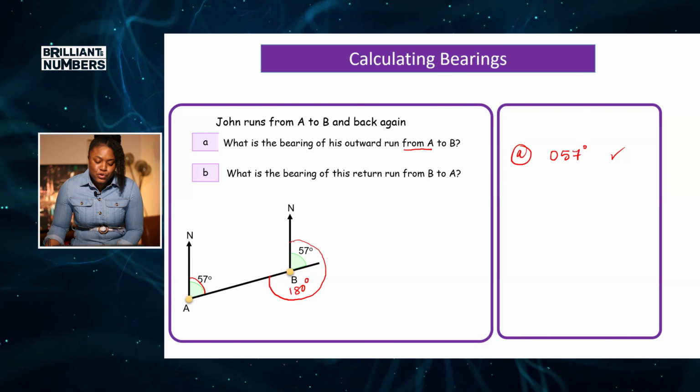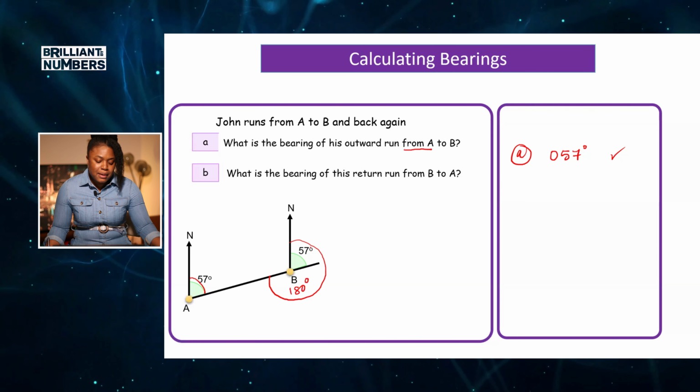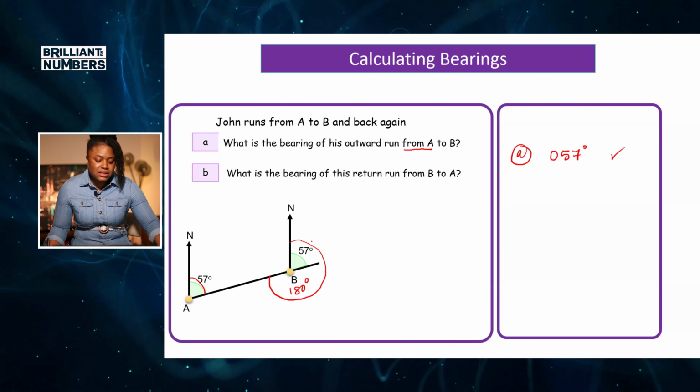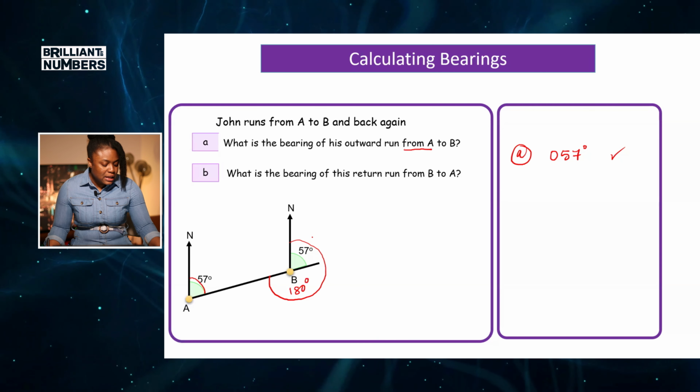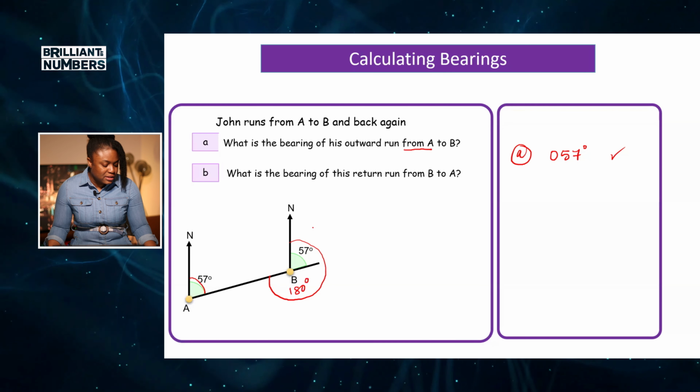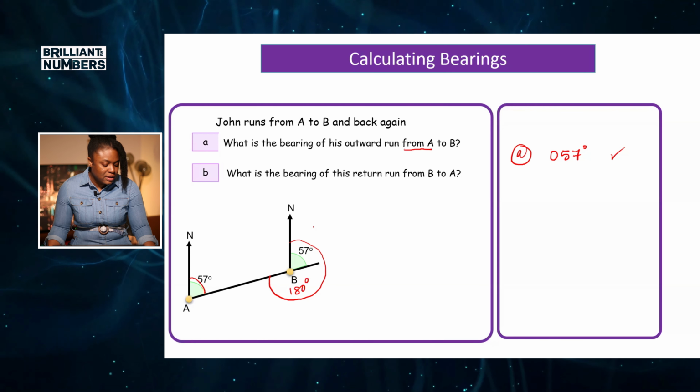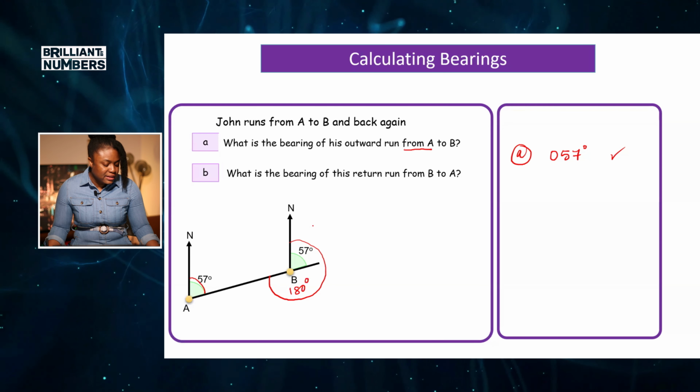So to get from the north all the way around back to A, I simply need to do 57 degrees plus 180 degrees. Now, is there another way you could have done this? Sure, you could have. We talk about that just as soon as we've added these two together. So I've got 57 and I'm adding that to 180 degrees. And the answer is 237.